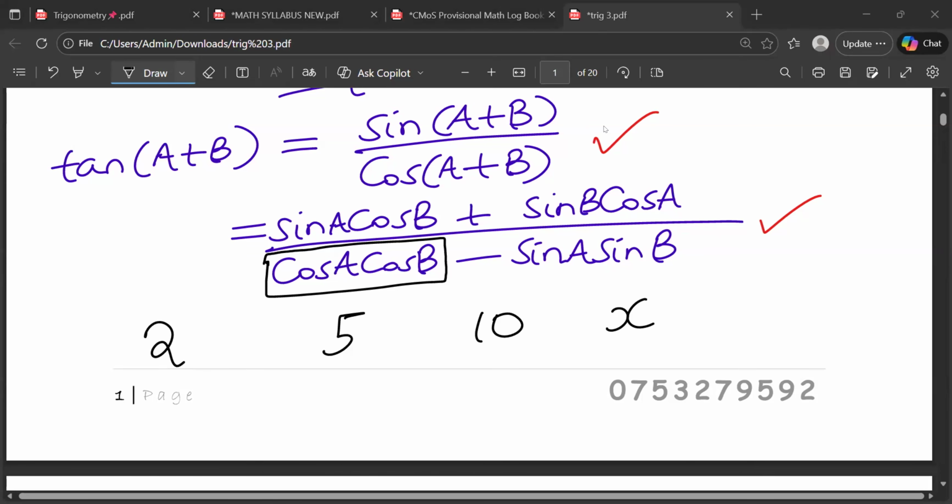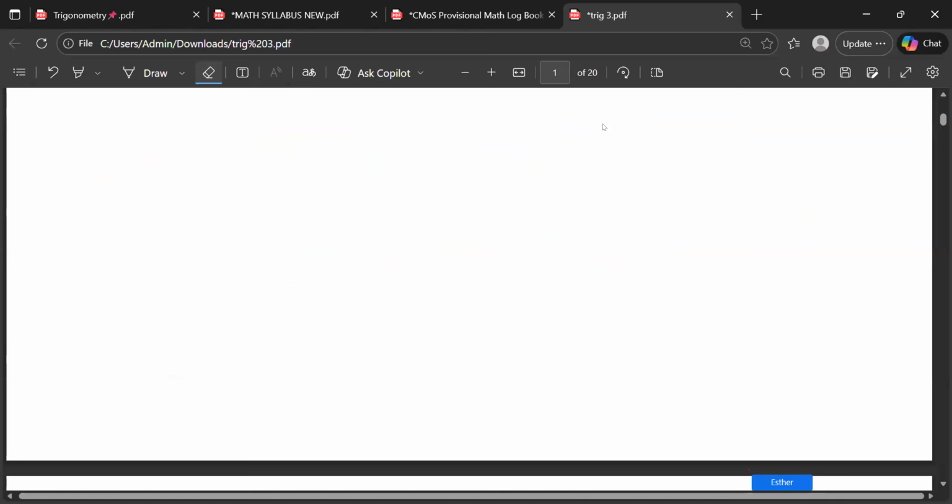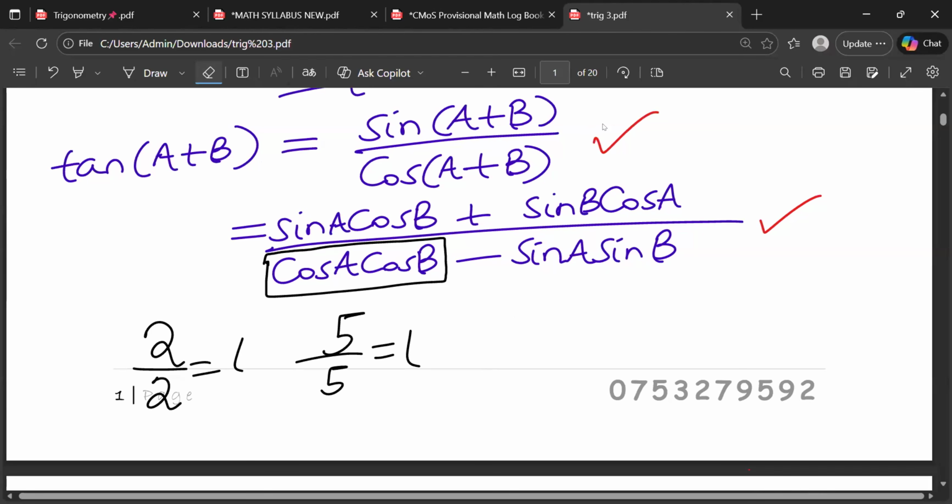So the easiest way, but of course not the only way, is simply saying over 2 you get a 1, over 5 you get a 1, over 10 you get a 1, over x you get a 1. So anything you want to turn into a 1, divide it by itself. You understand? And then you will get the one you want.